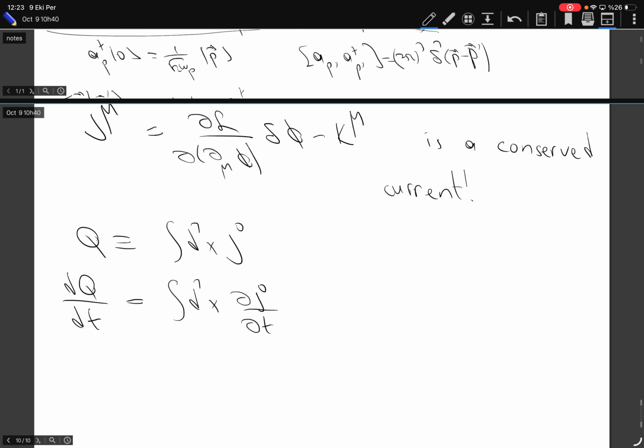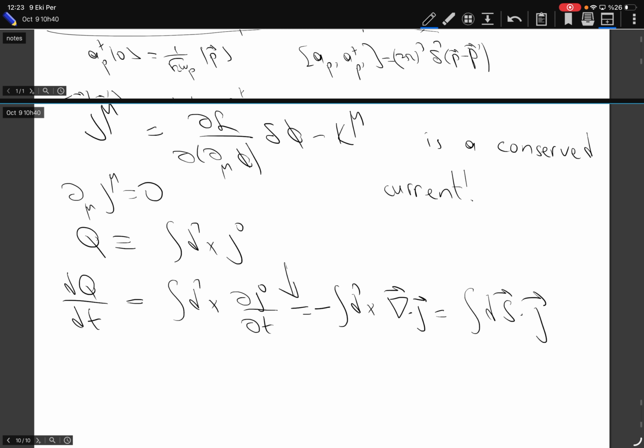But this is nothing but minus the gradient of J, the remaining components, because del mu J mu is equal to 0. I'm basically using that del mu J mu is equal to 0 equation to write this equality. But this is nothing but the integral over the whole surface.